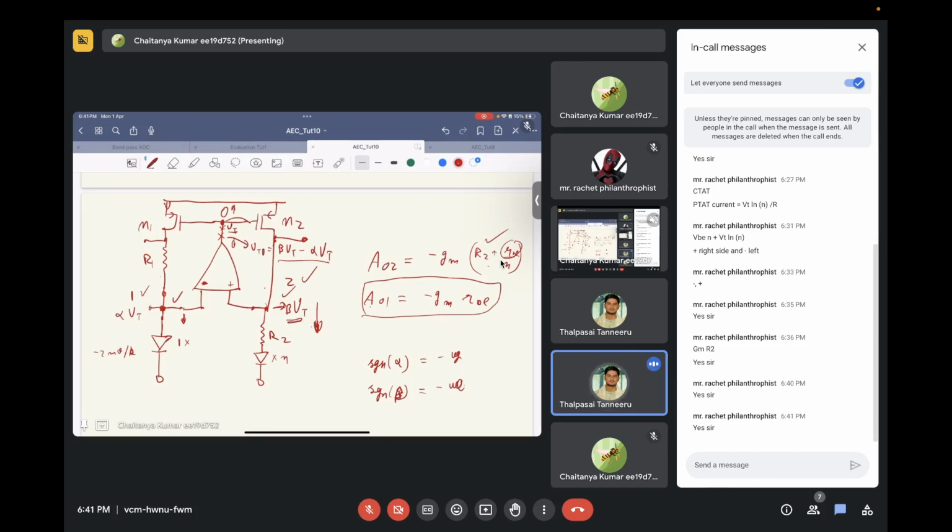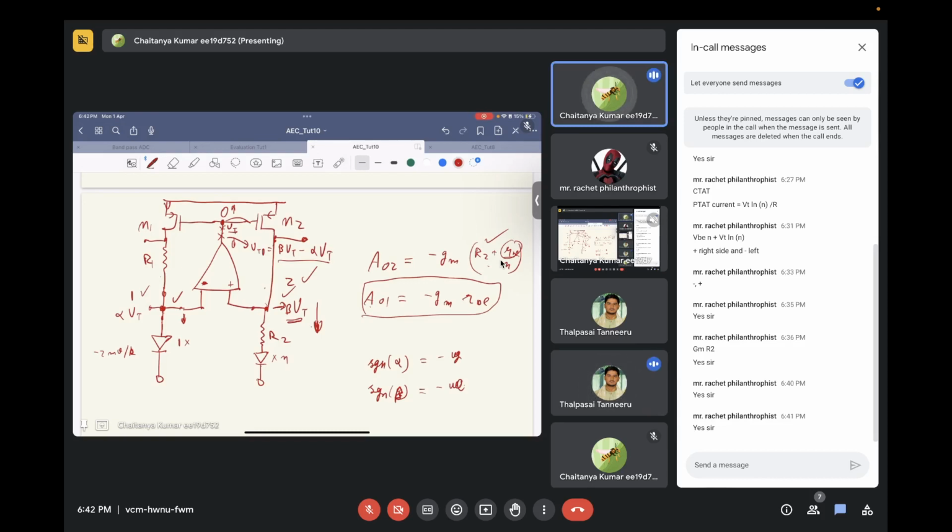Sir, the gain is already more for beta VT. If alpha VT takes inversion, the output would be inverted only, right? Which output? The op amp output, sir. For the op amp output to be inverted, beta VT should not face any inversion, while alpha VT should, because both are negative quantities.